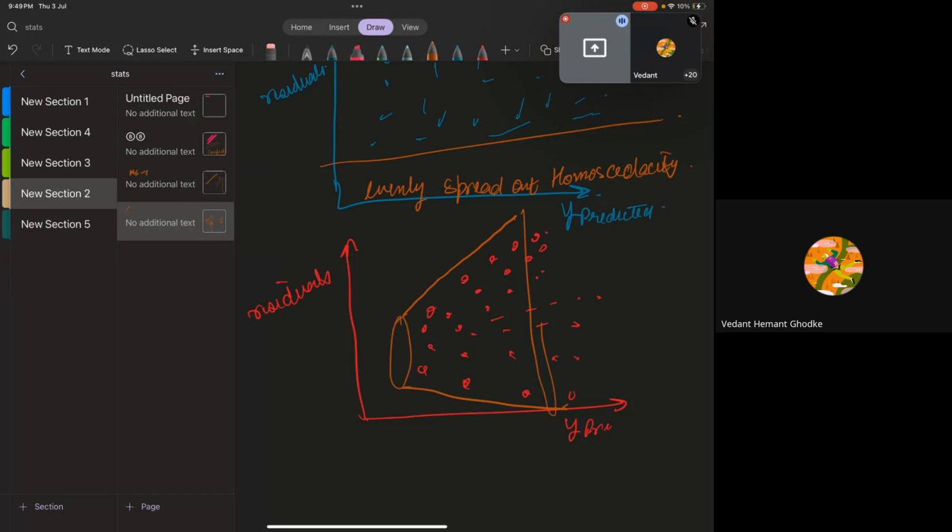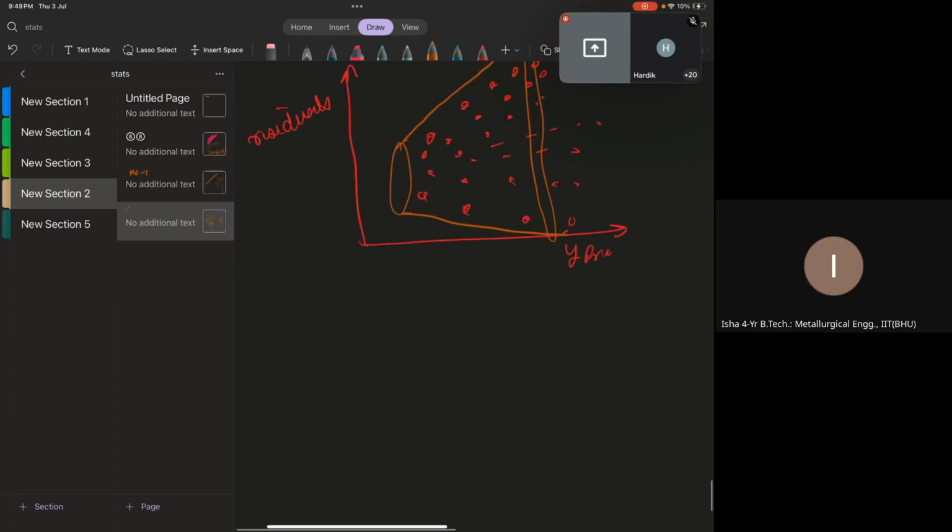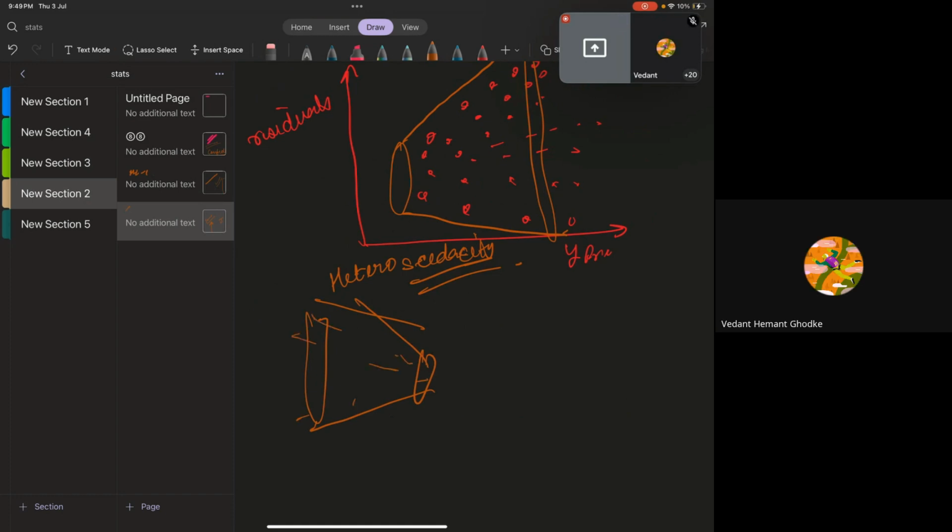That means heteroscedasticity. The funnel can be on the opposite side as well, guys. Like this also a funnel can exist.